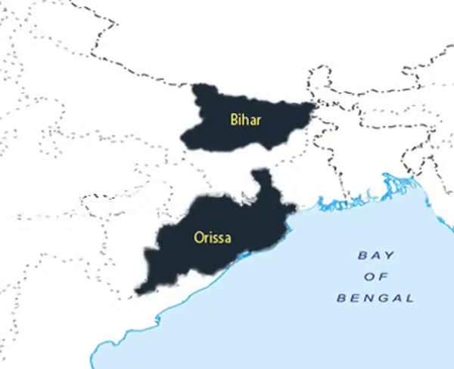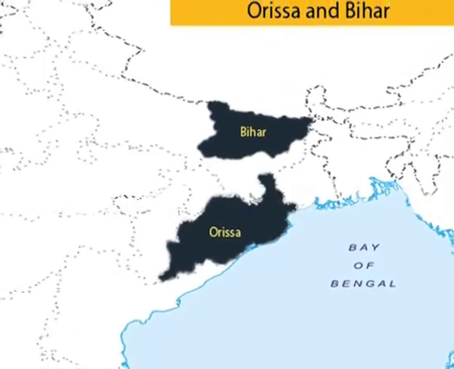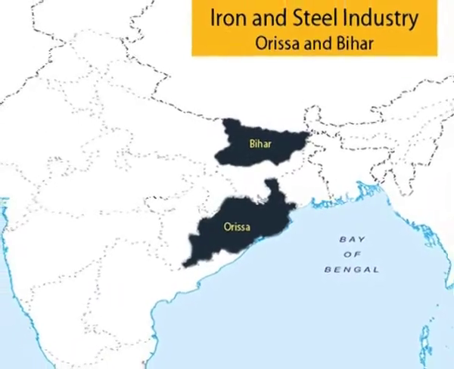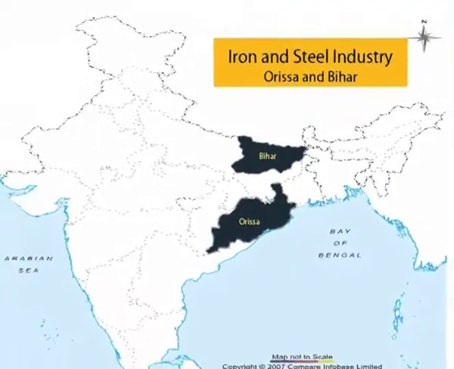Availability of raw material source is very important for the functioning of the business and for industries like iron and steel. So, geographical factors affect the location of such industries. Keeping this factor in mind, most of the iron and steel industries are located in Orissa and Bihar in India.